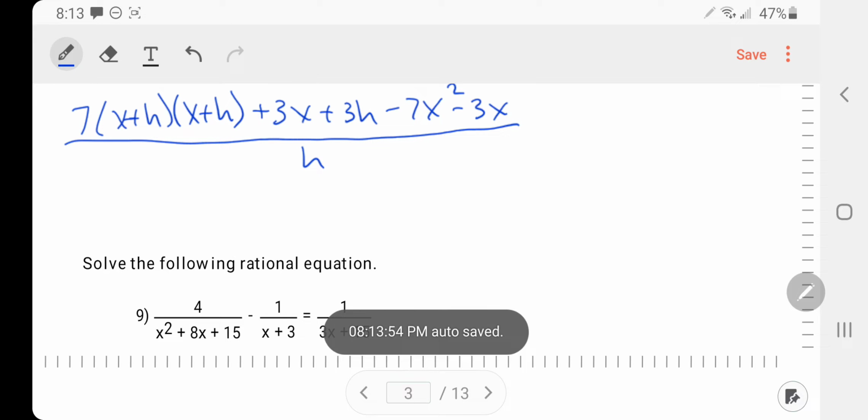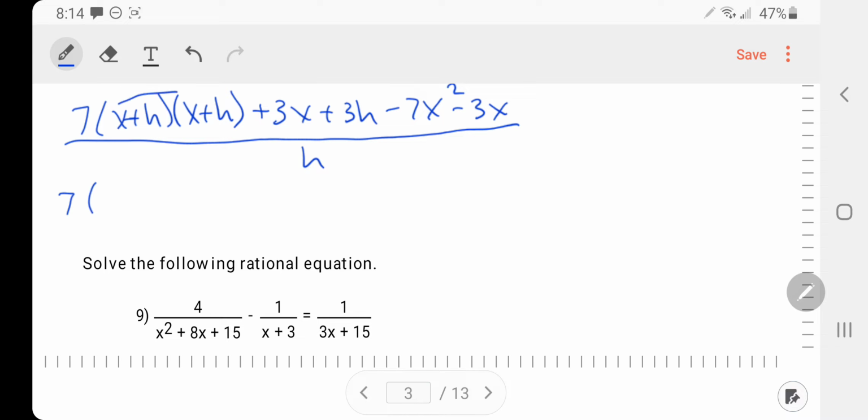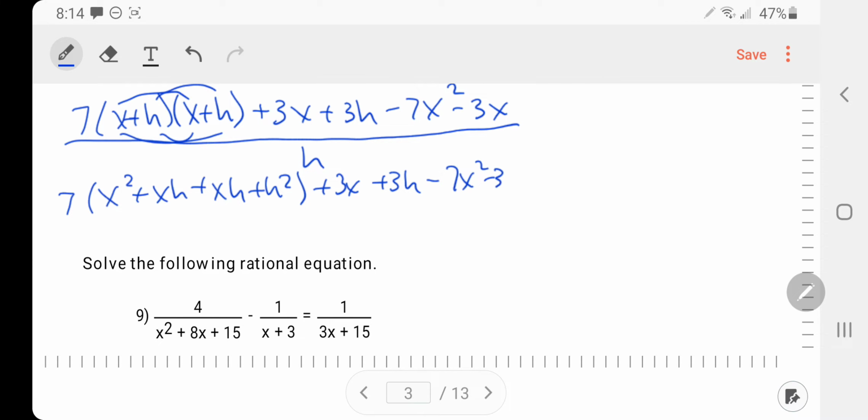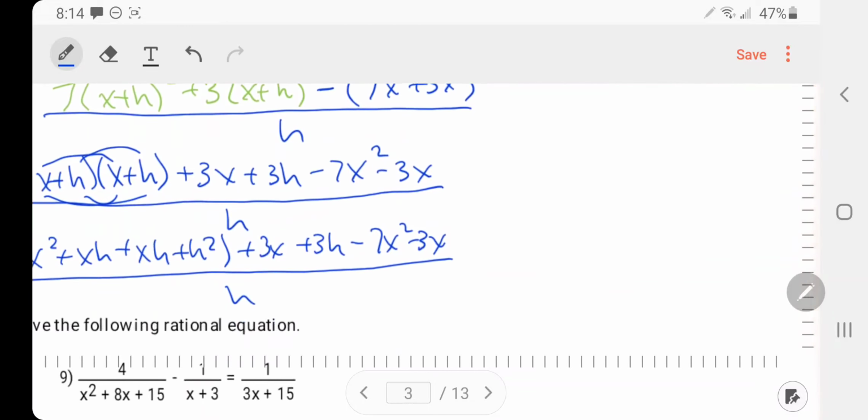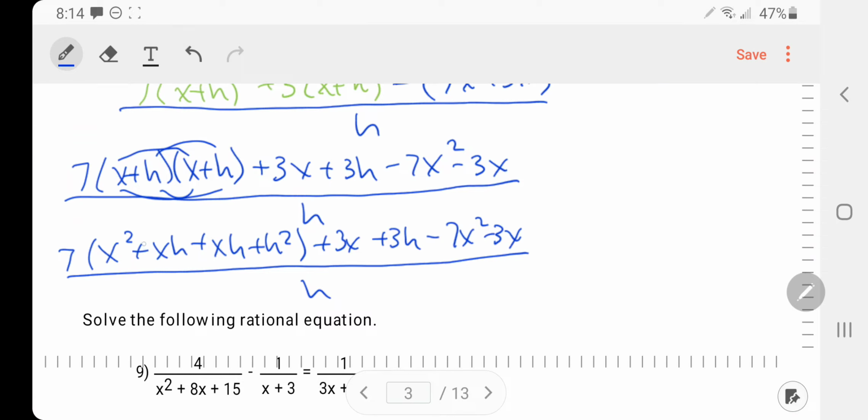And then we're going to have to do the FOIL method. That's going to be 7 times first, outside, inside, last, plus 3x plus 3h minus 7x squared minus 3x all over h. All right, and because I'm running out of room, I'm going to have to do 2 steps at once here.